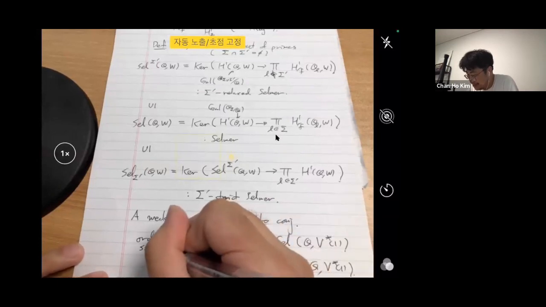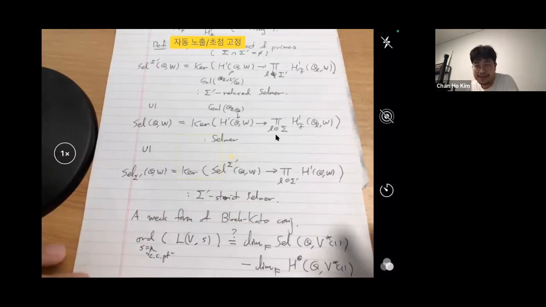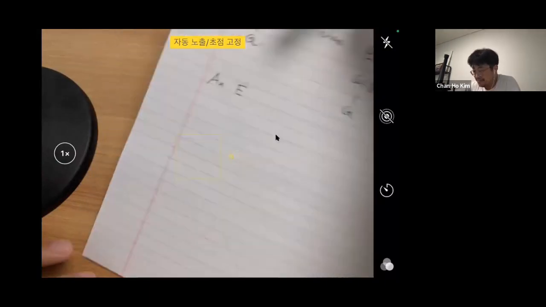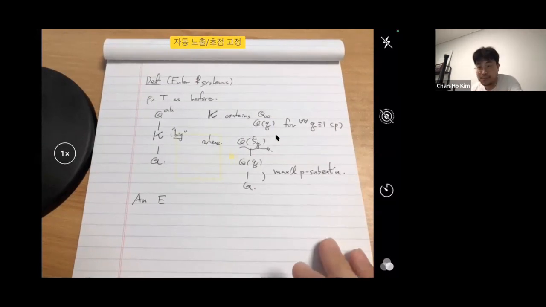Let me just say central critical point, nothing more than that. Sorry, because I didn't fix any weight.